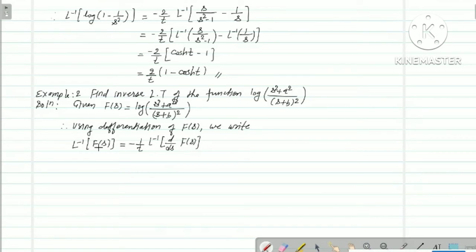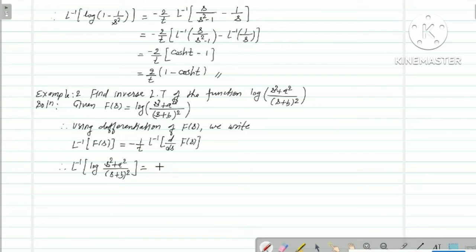Okay, your function is just this, log of s square plus a square divided by s plus b the whole square. This is your function.